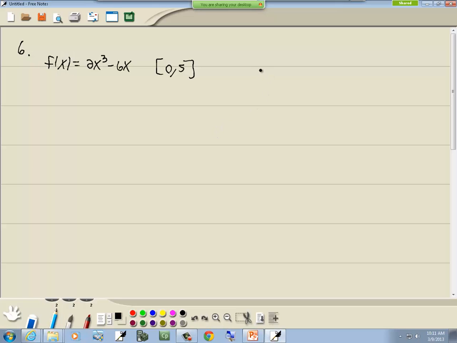Well, let's take a look at our steps. And let's just generally talk about where we're headed with this. Your absolute extrema, your highest point or your lowest point, happens either at the endpoints, so it would happen at 0 or 5 on this, or it happens at a critical point.